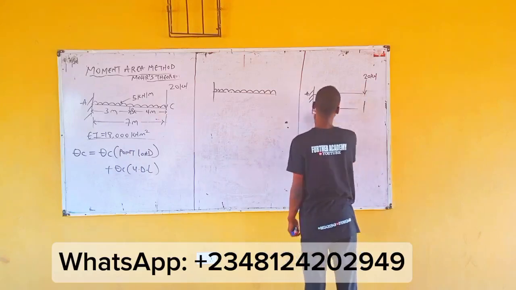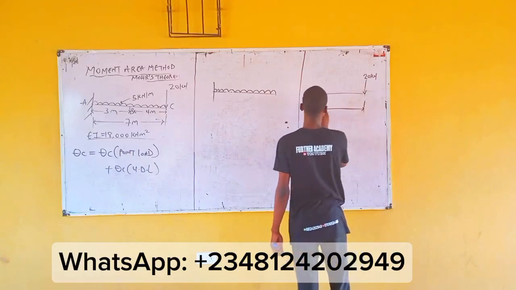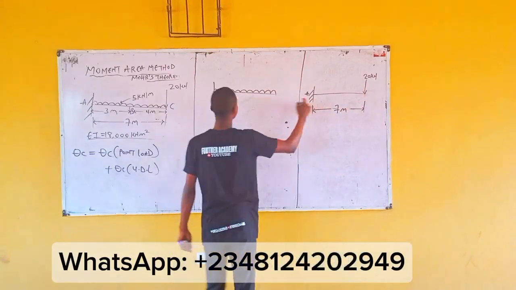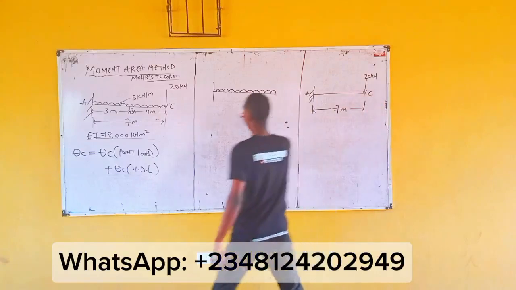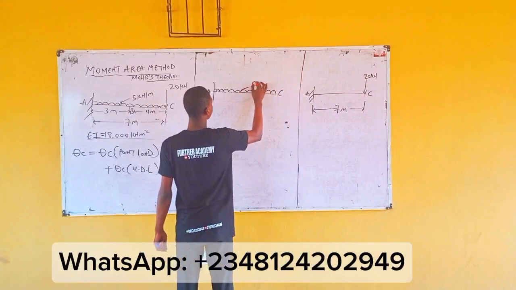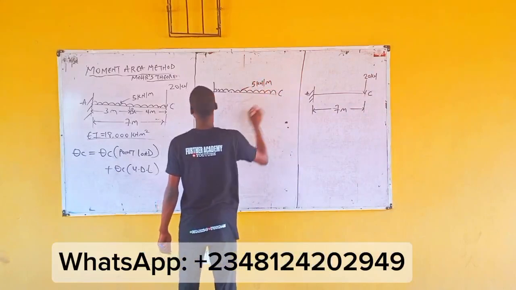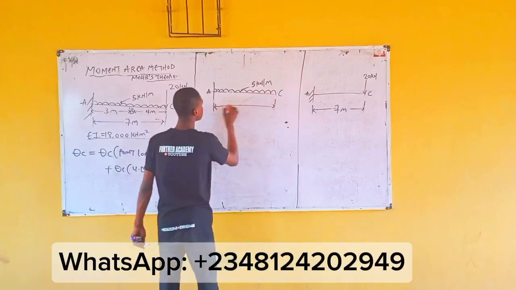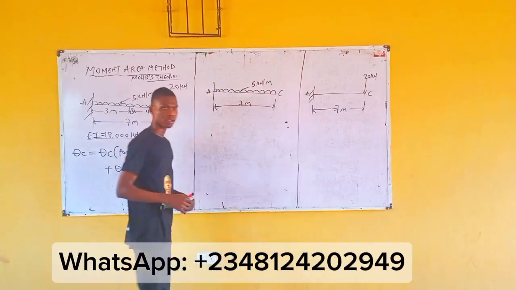What's the total distance? 7 meter, right? For your UDL, this is A, this is C. What's the intensity? 5 kilonewton per meter. What's the total distance? 7 meter, right?